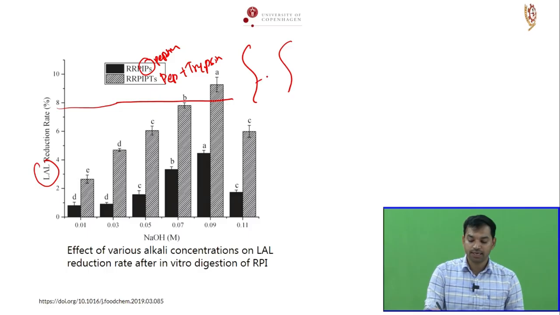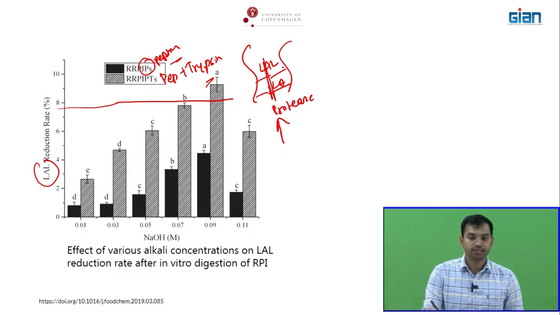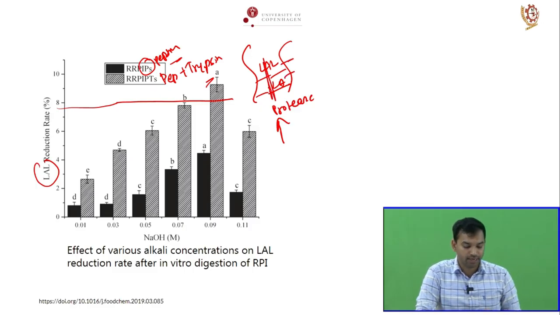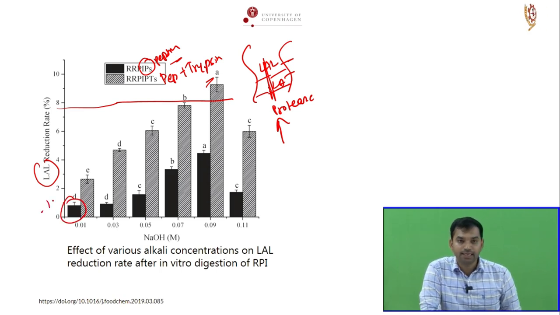If you have cross-linked proteins made up of LAL and let's say LAN, if you put protease enzymes into play, for example pepsin and trypsin, they can't cleave this one. They can't cleave the peptides here. They can't be released significantly. In some cases, only less than 1%. And that actually compromises the digestibility.